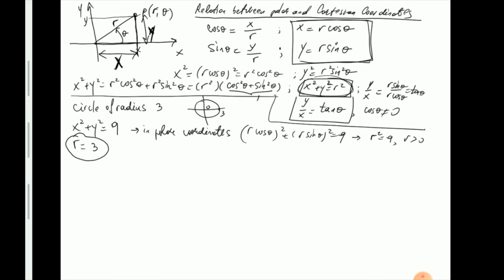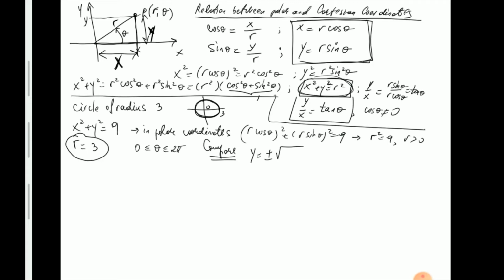You also have to say what theta belongs to, because for example, if I want a full circle and nothing more, then that means theta belongs between 0 and 2 pi. So the full circle. So compare, if you want, in terms of how easy it is to represent, how it looks like in Cartesian coordinates, how the circle looks like as a function of x.